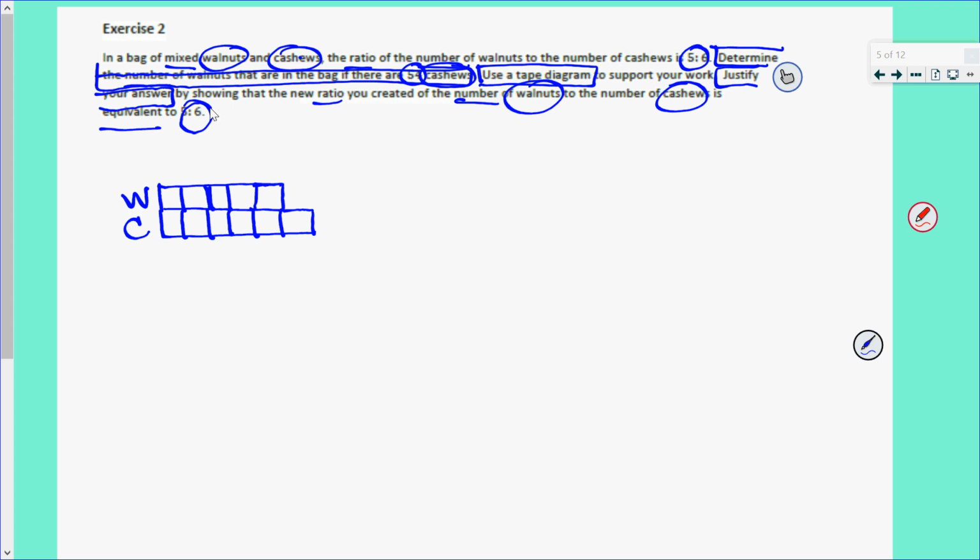Okay, now, what are we trying to find? Or I should say, what do we already know? What do we already know? It's 54. So if I know that the number of cashews is 54, what am I going to do from here? What do I need to find? Talk to me, Megan.